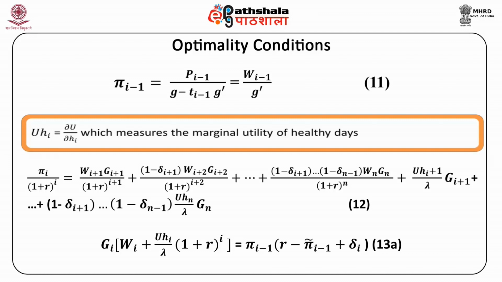Here pi i minus 1 delta is the percentage rate of change in marginal cost. This equation describes the condition for demand for capital goods in a perfect market, where the value of marginal product of optimal health stock at any point in time is equal to the supply price of capital.